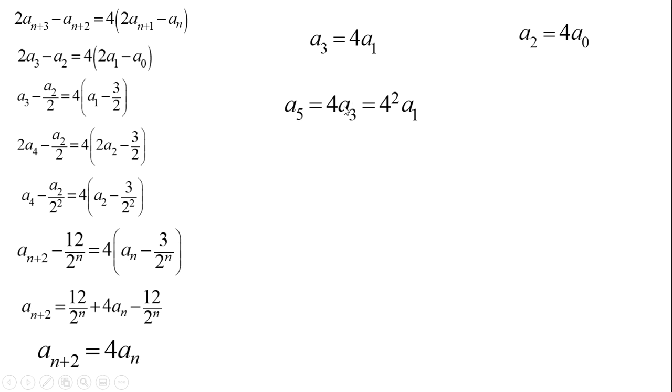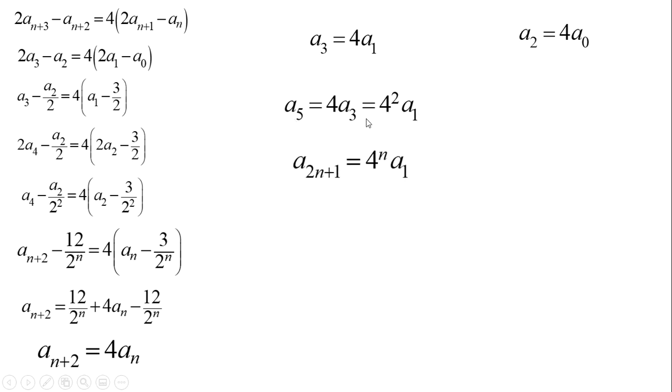Of course, all the relation will come from the last one here. So a5 equals 4a3, and substituting a3 with 4a1, it will equal 4 squared a1. As you can see, a1 is already known to be a positive integer, and as a result a5 will also be a positive integer, because it is a closed system, because all of them will be positive integers.